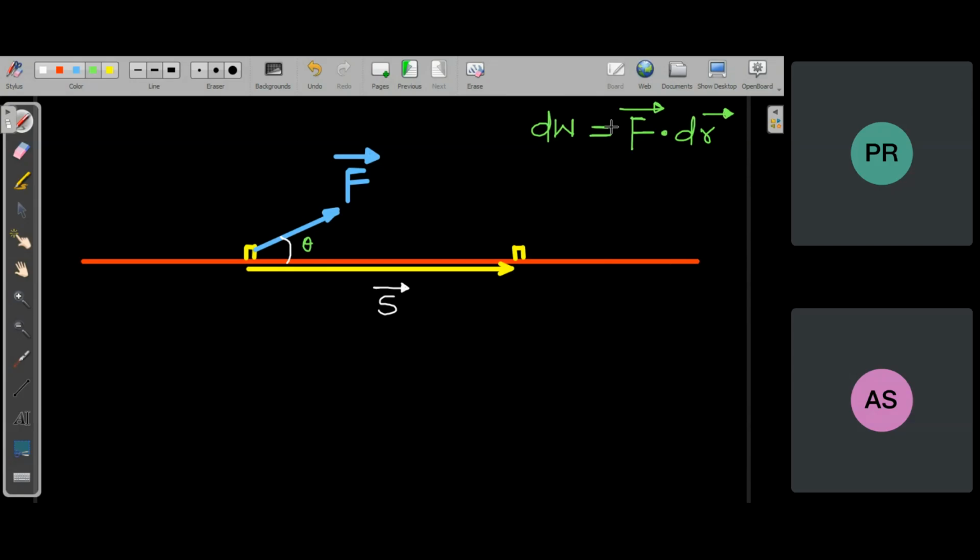Because the displacement is infinitesimally small, in a very small interval of time, the variation in force is there, but it is very small because the time interval is very small. If the force is a function of time or displacement, the force is varying, but for it to vary some time is required, and the time is very small.